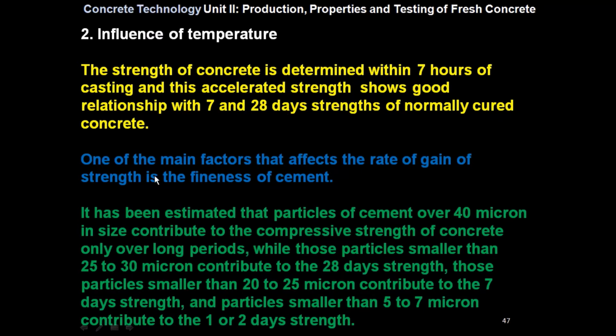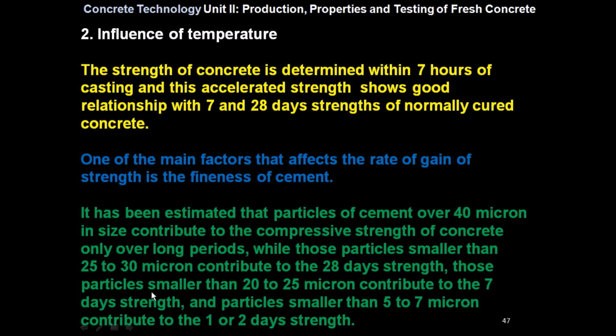One of the main factors that affects the rate of gain of strength is the fineness of cement. It has been estimated that particles of cement over 40 micron in size contribute to the compressive strength of concrete only over long periods, while those particles smaller than 25 micron to 30 micron contribute to the 28-day strength.